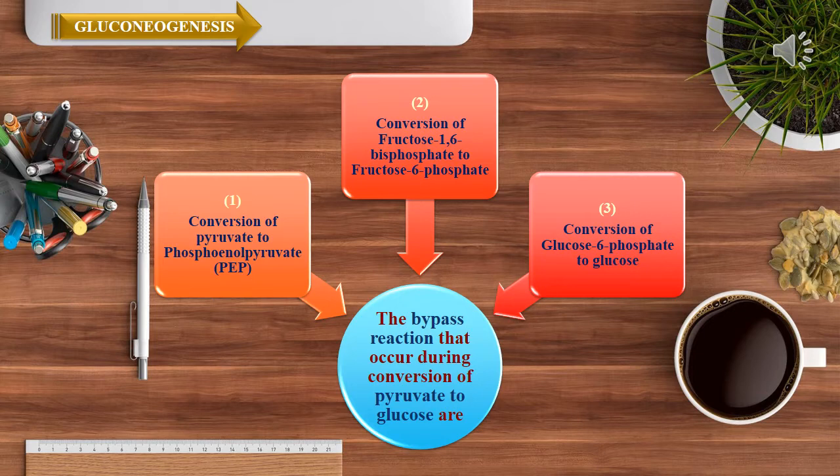Second is conversion of fructose 1,6 biphosphate to fructose 6-phosphate. Third is conversion of glucose 6-phosphate to glucose. Only these 3 steps differ from glycolysis. All other steps are similar to glycolysis, but the reactions are backward.